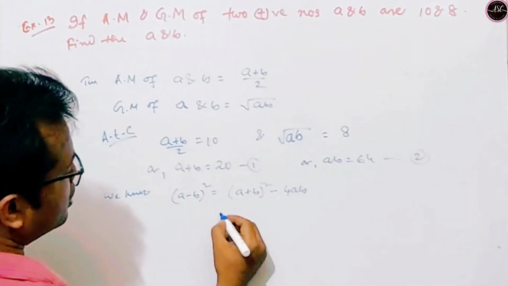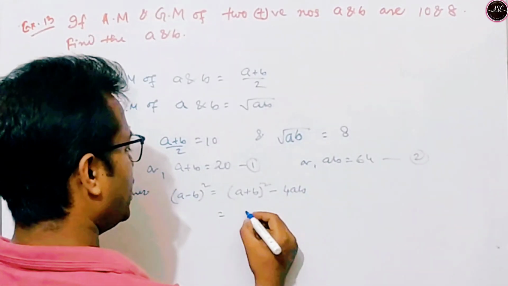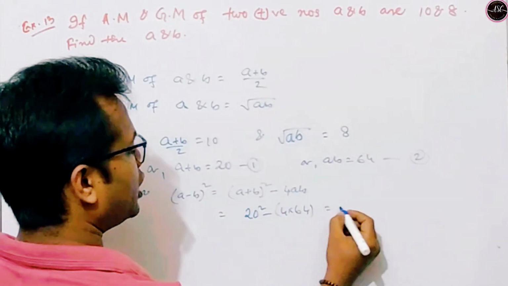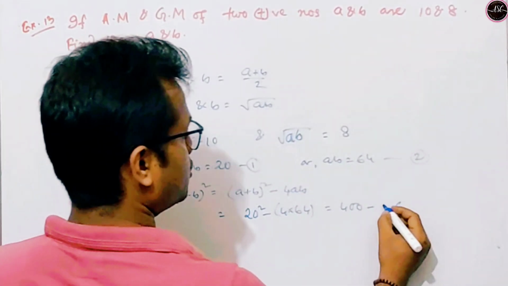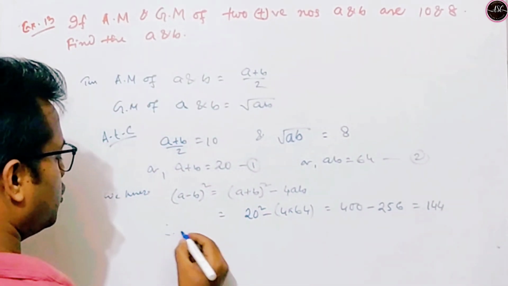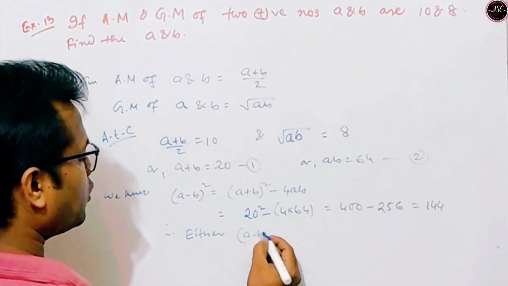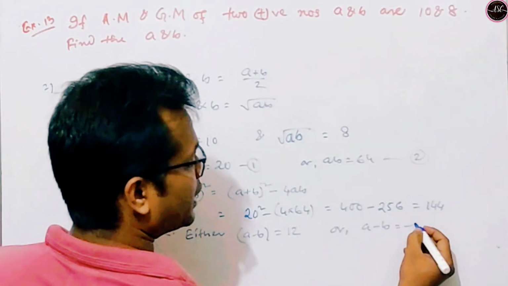Putting the values, we get 20 square minus 4 into 64, so 400 minus 256, that means 144. Therefore, either A minus B equal to 12 or A minus B equal to minus 12.